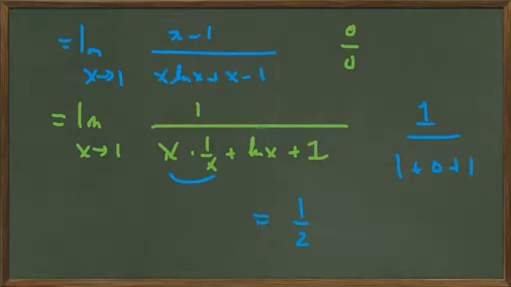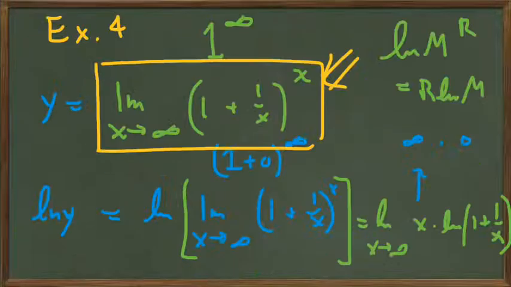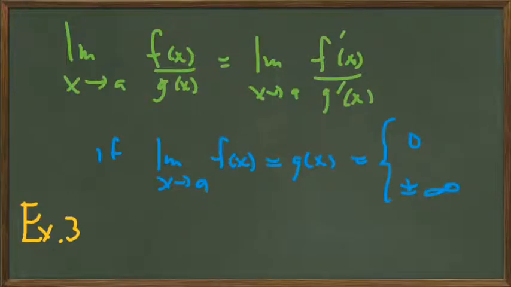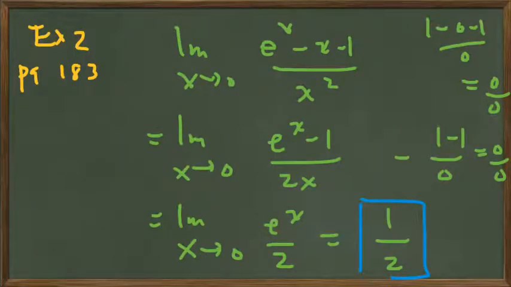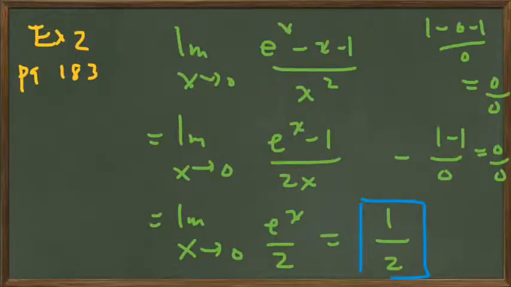So here are 6 L'Hopital's rule problems that we've done, and we've done all of the variety of them. The first one that we did was a 0 over 0 problem, and then we did another 0 over 0 problem, sine x over x.